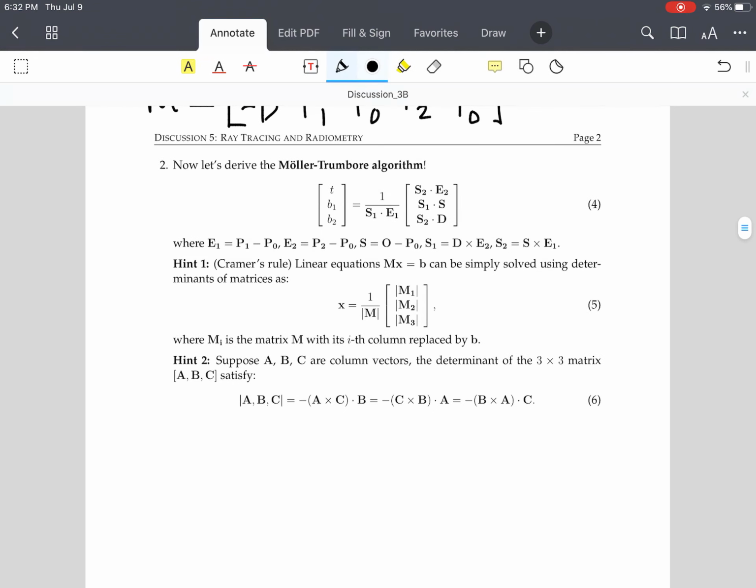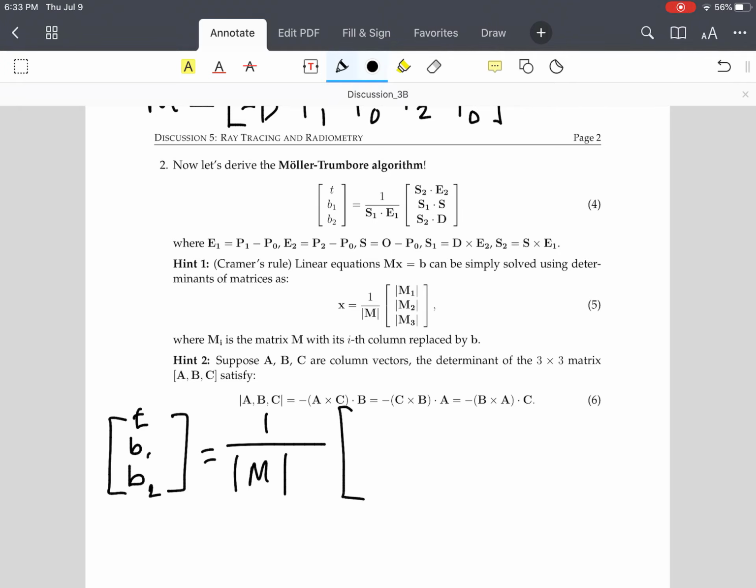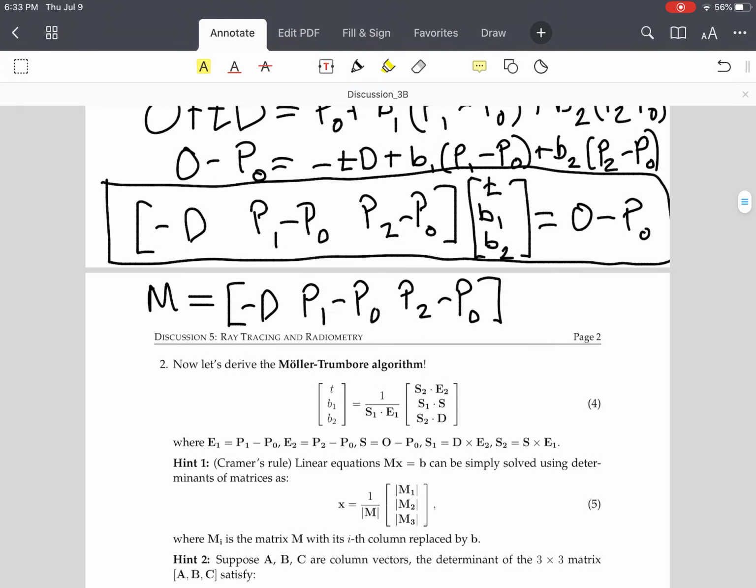So we can rewrite this using Cramer's rule as t, b1, b2 is equal to 1 over the determinant of M times M1, right? So if we come up here, M is this.